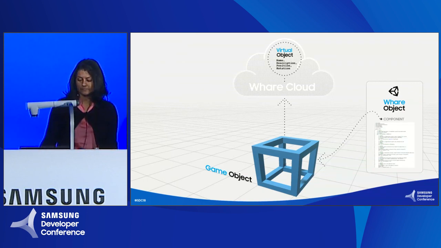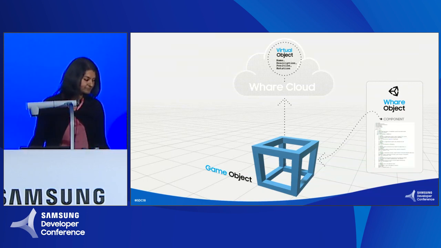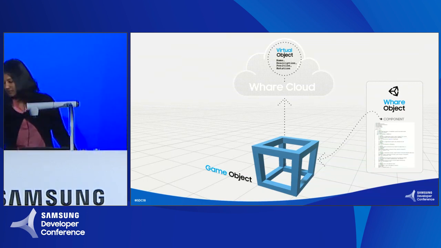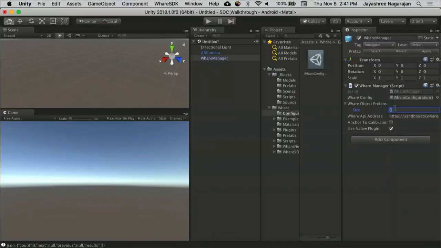That all will be in the virtual object. And Whare Manager needs a reference to the prefabs that you want in your virtual space, so that when you connect to a virtual space and Whare Manager finds all the virtual objects, it knows exactly which prefabs to instantiate corresponding to the virtual object that it finds.